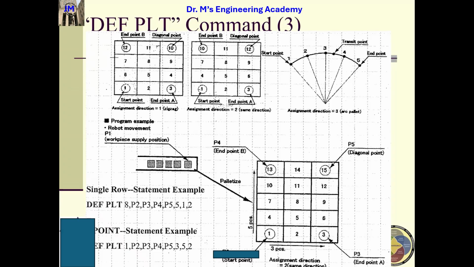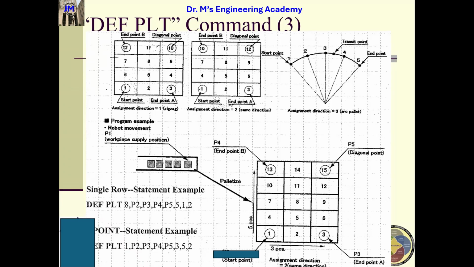You need to use this one and this one, right? So this one is the first point, and second point, third point, and the fourth point. And then you use all the 4 points as these 4 points.